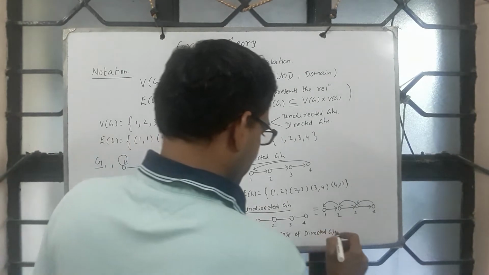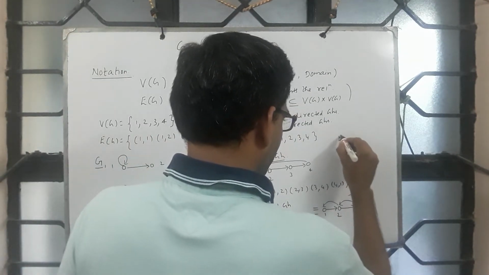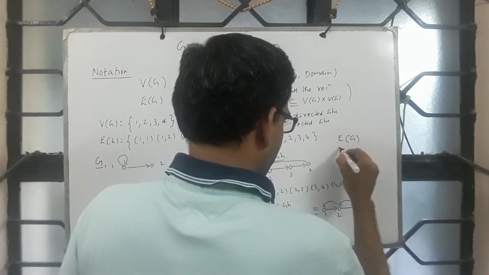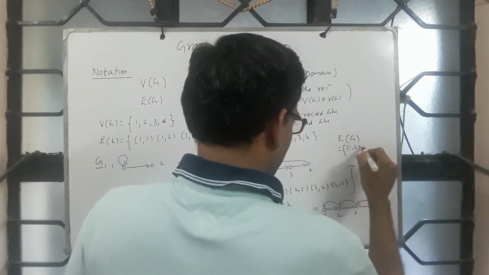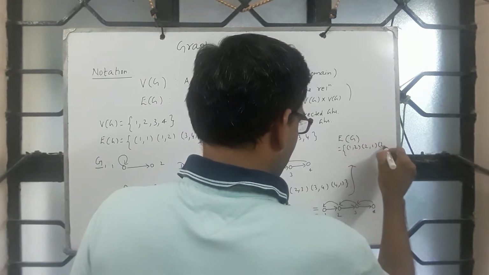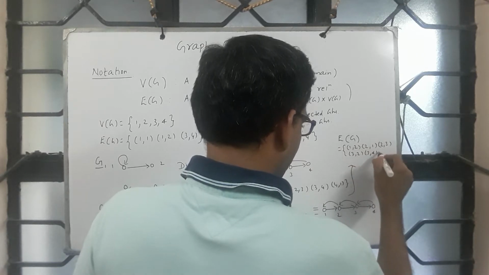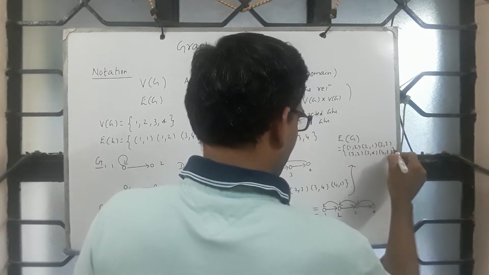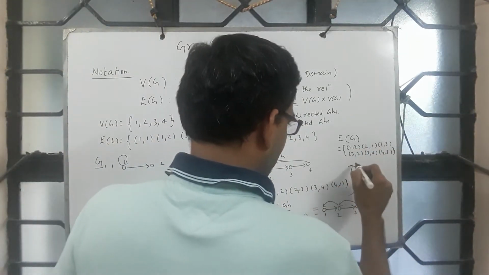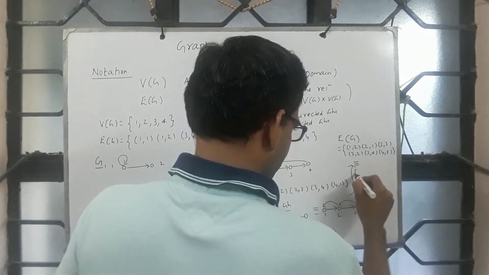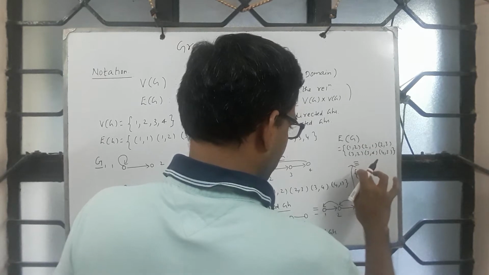Now how do you represent the edge set of this? Either you can say (1,2), (2,1), (2,3), (3,2), (3,4), (4,3). In the directed sense, this is what you get. Equivalently, (1,2), (2,1), there is an order.